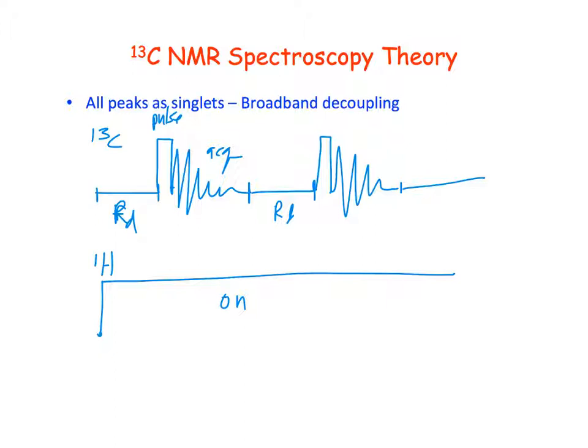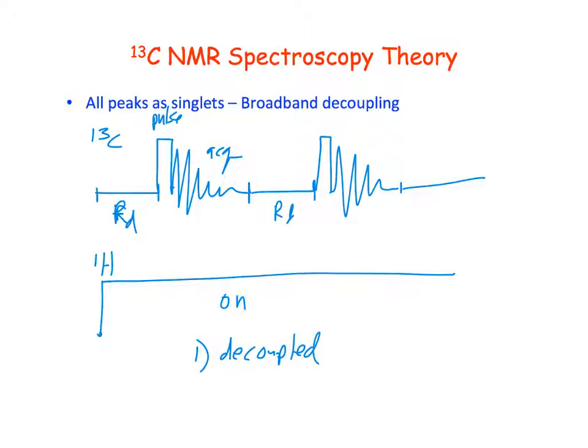You'd be irradiating at 100 megahertz for the C13, and also at 400 megahertz the whole time to cause decoupling between the protons and the C13s. So it's like there's two radio waves. Yes. And so this gives us a decoupled spectrum.